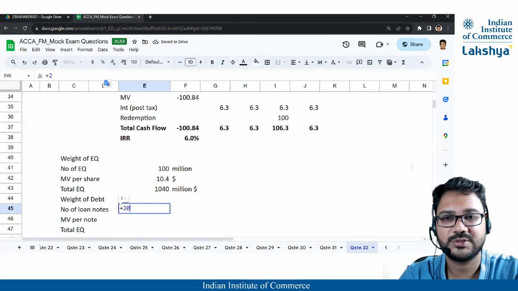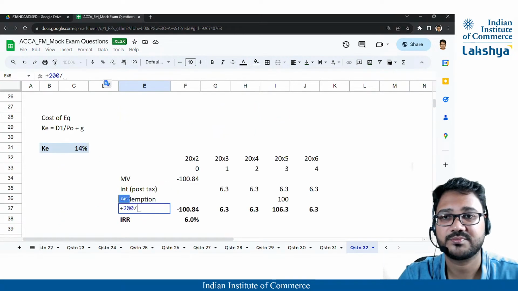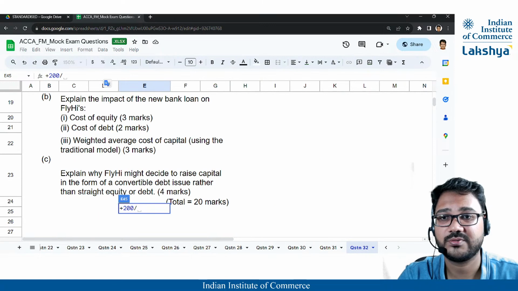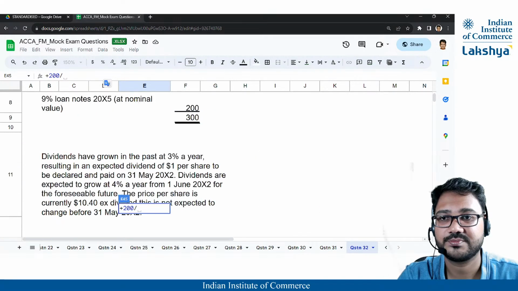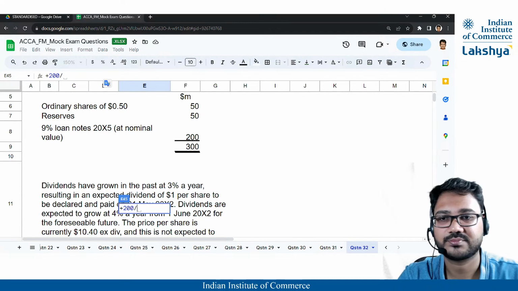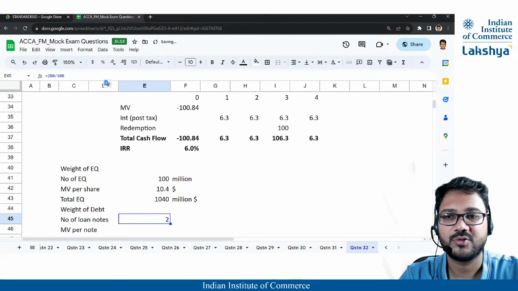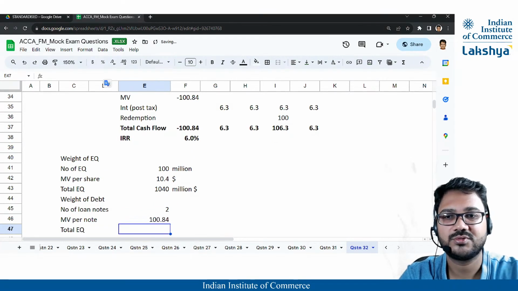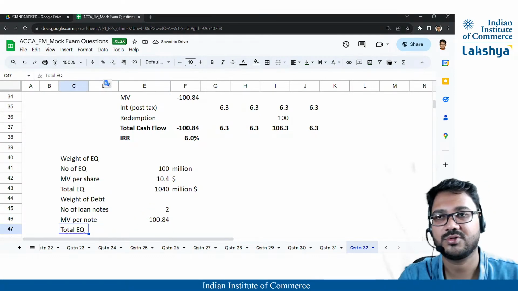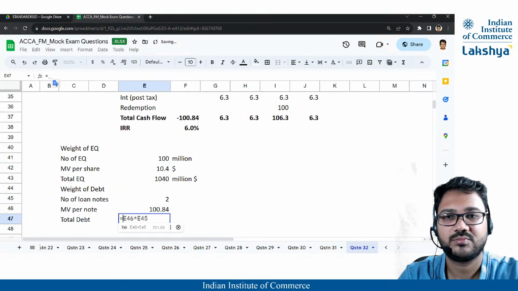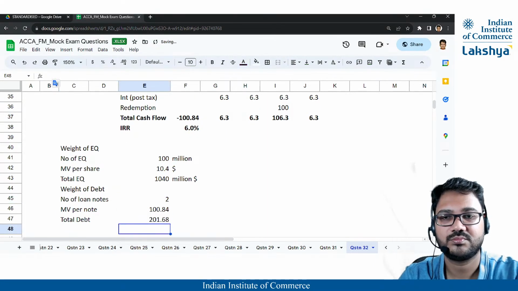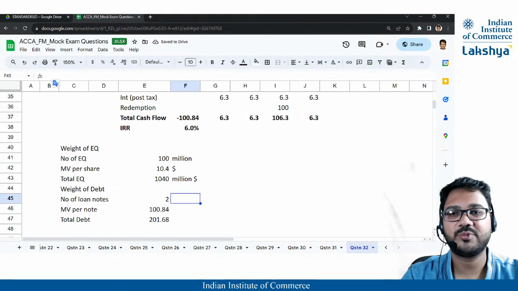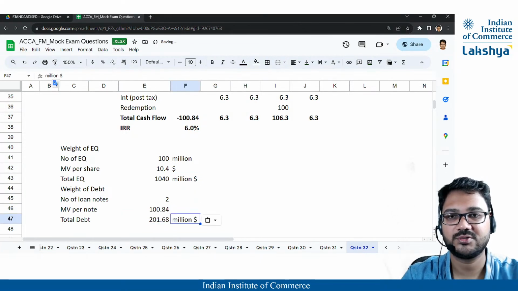So it's 200 divided by 100, so 2 million notes, and then market value was 100.84, so $201.68 million.